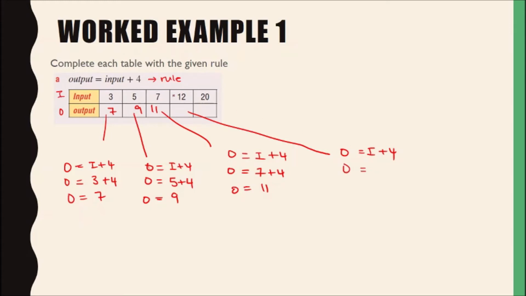The input for this one is 12, so 12 plus 4 is 16. And that one there, O equals I plus 4, O equals 20 plus 4, which equals 24. Now we've got our table by using the rule and the input values.